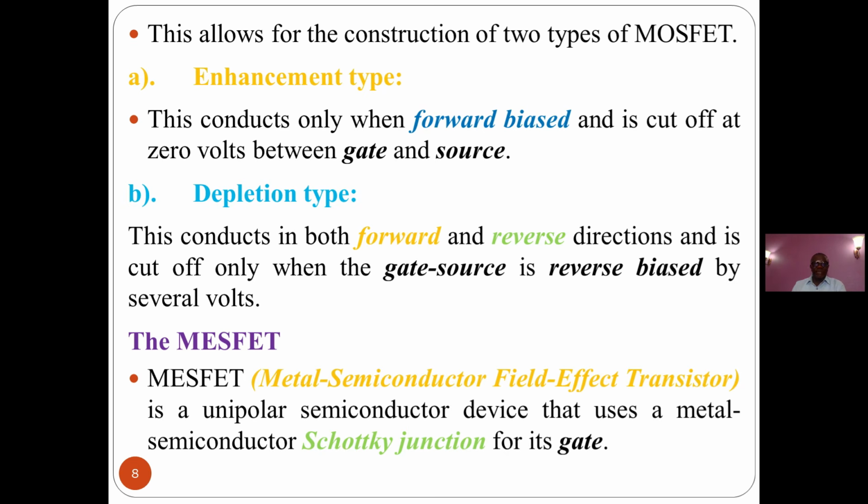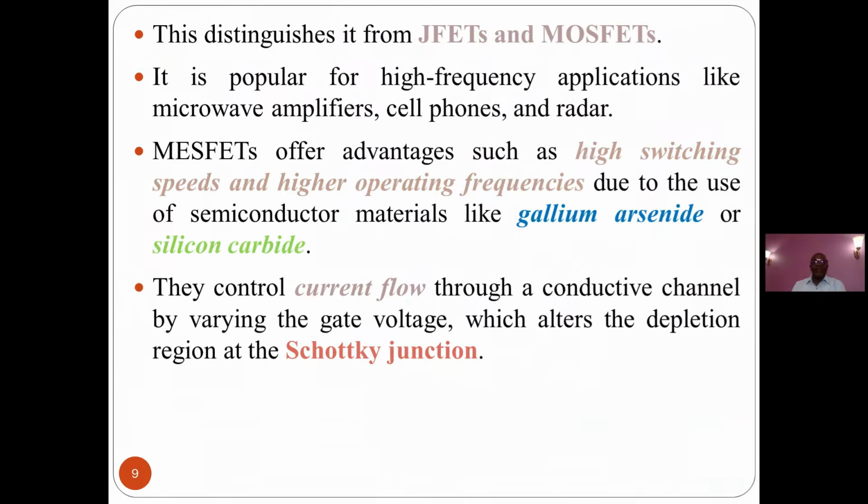So this MESFET applies this Schottky junction principle for its gate. This distinguishes it from JFET and MOSFET. It is popular for high-frequency applications like microwave amplifiers in your cell phones and in radar technologies.